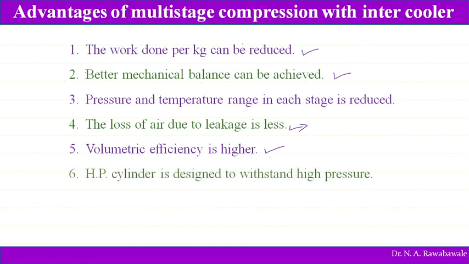Then the HP cylinder is designed to withstand high pressure. The LP cylinder need not be designed to withstand high pressure, only the HP cylinder needs that attention. So design considerations and costing of the HP cylinder will increase, whereas for the LP cylinder they will be less. So these are the advantages of multi-stage compression.